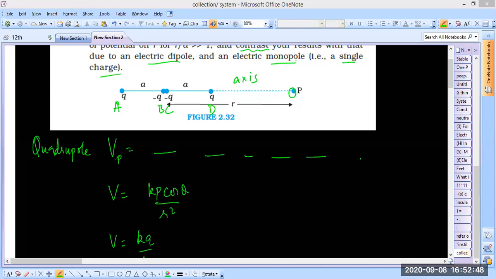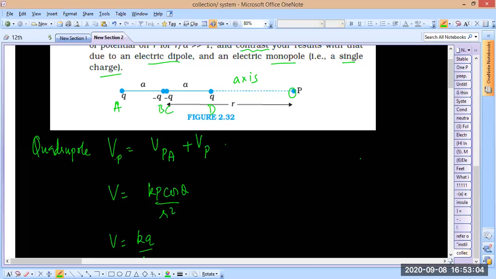Remaining 3 points. Shivangi, there are 4, where are 3? Correct. A, B, C, D. So this will be potential at P due to A plus potential at P due to B plus potential at P due to C plus potential at P due to D. Due to 4: A, B, C, and D. Clear?